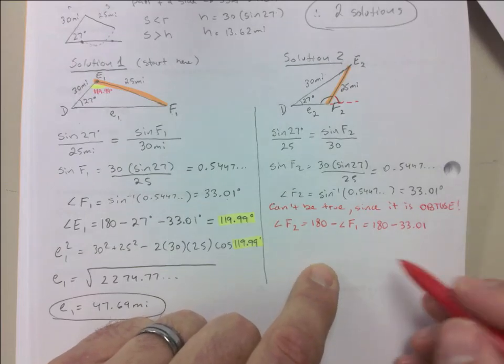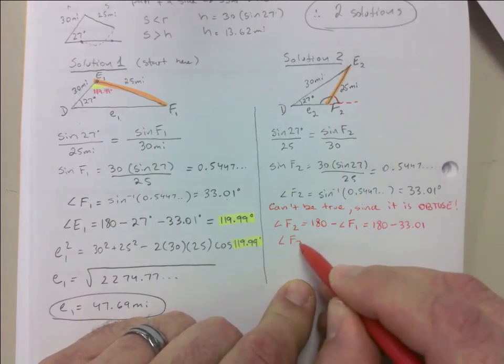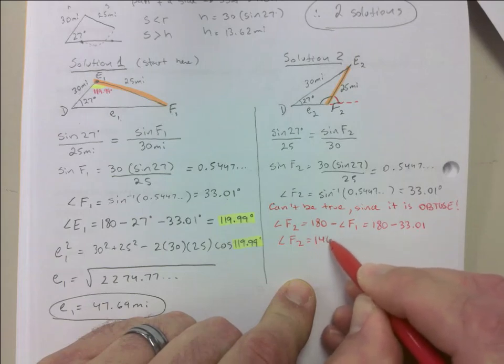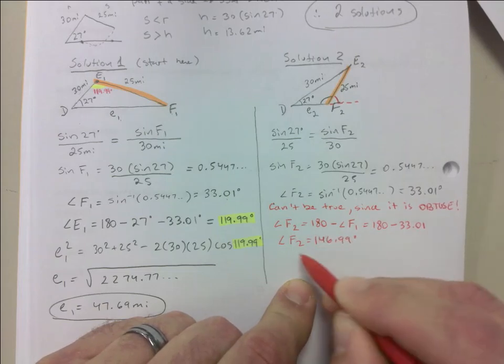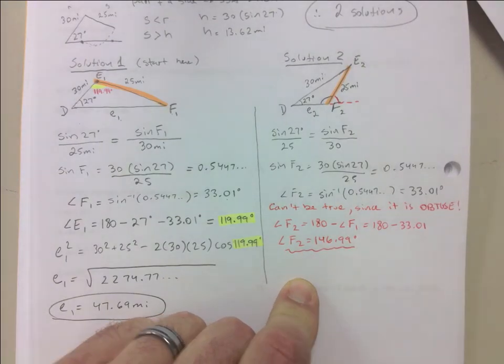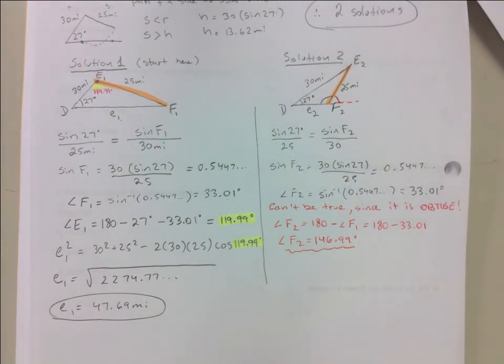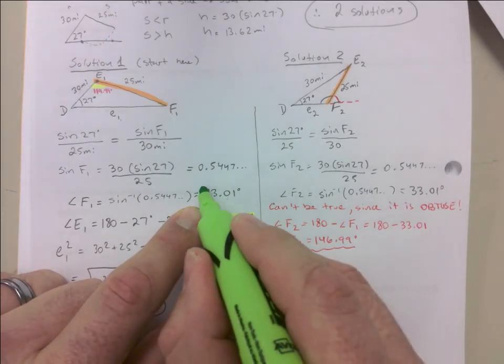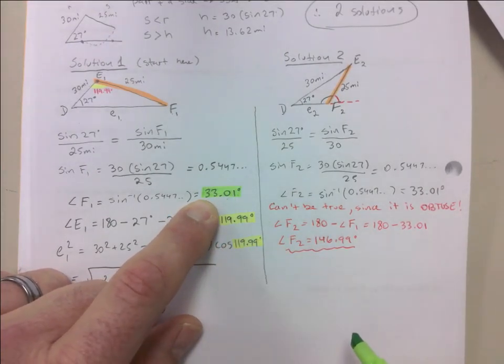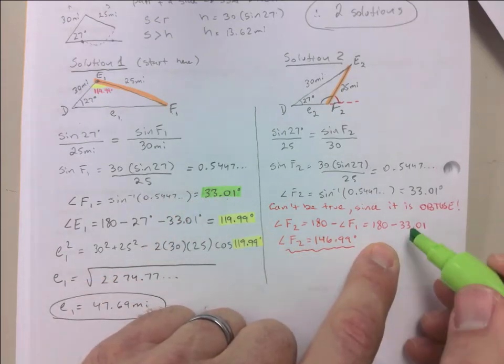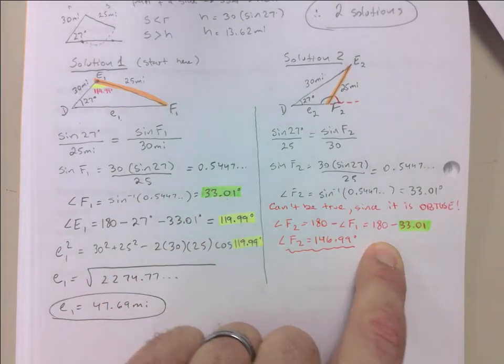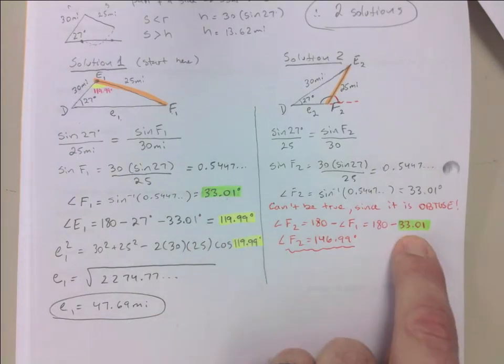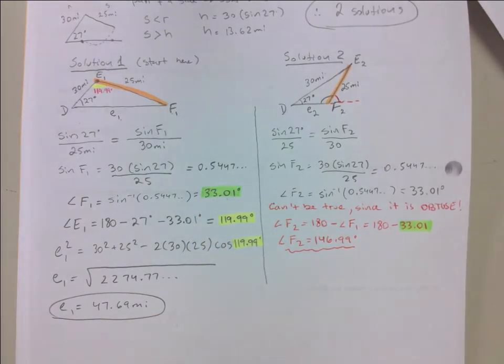That's 146.99. If you have colors, I'm just going to show you right here that this is what I subtracted here. Okay, I take this, I subtract it, and that's how I get F2.